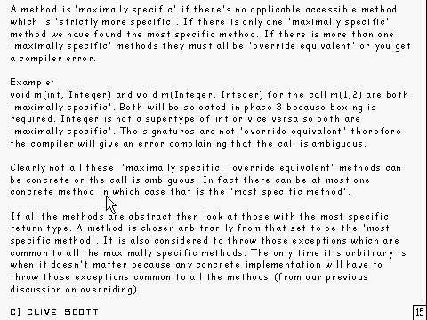Right then, pretty clearly, not all of these maximally specific override equivalent methods that we've ended up with can be concrete, or the call is ambiguous. In fact, there can only be at most one concrete method, in which case that's the most specific method and you're finished.